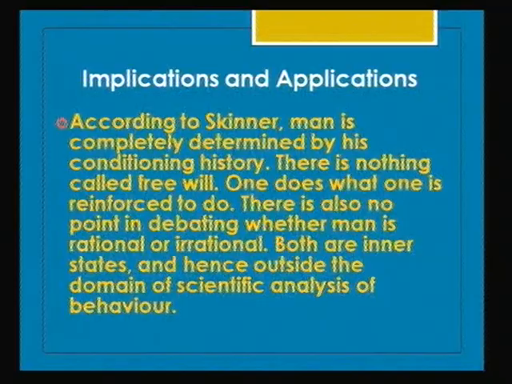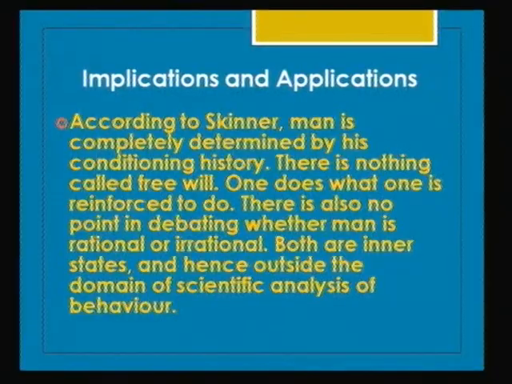There is nothing called free will, so one does basically what one is reinforced to do. Now this has a good side also, because if we decondition, if we change the nature of reinforcement, then we will be able to tell them that there are certain things which can be unlearned also, which can be deconditioned also.